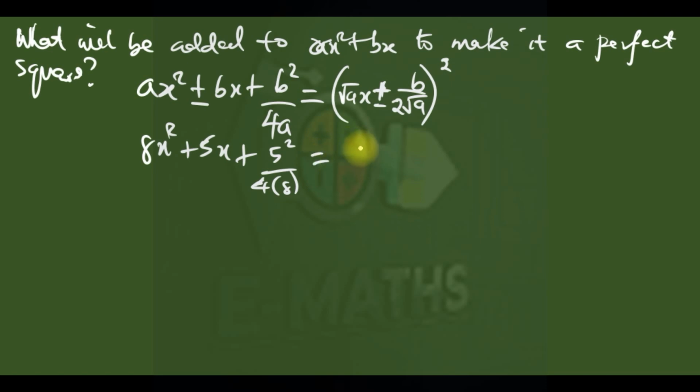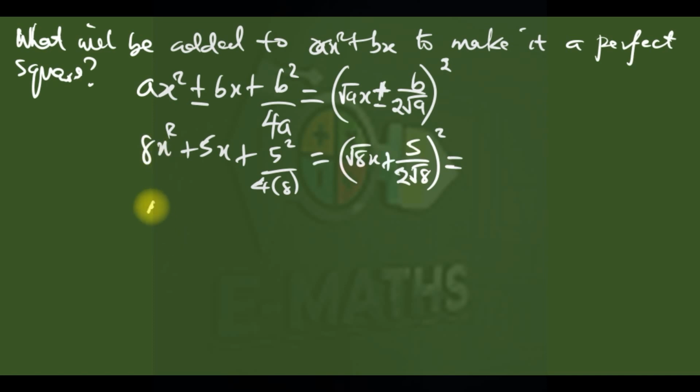And what we'll get is the square root of that is root 8 x plus the square root of 5 squared is 5, the square root of 4 is 2, 2 root 8, all squared. Okay, let's leave it like this.